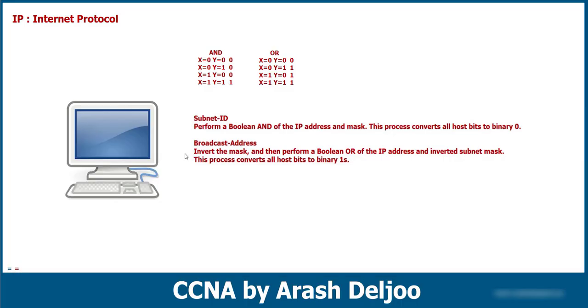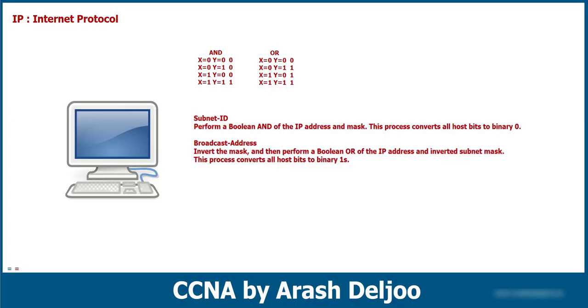This is not important for us because this only occurs inside computers, but it's good to know that computers are using Boolean AND and Boolean OR for calculating the subnet ID and also the broadcast address. Very good. Until now, we learned about IP addressing and subnetting. Also in this video, we learned how we can find the important parts of one IP address.